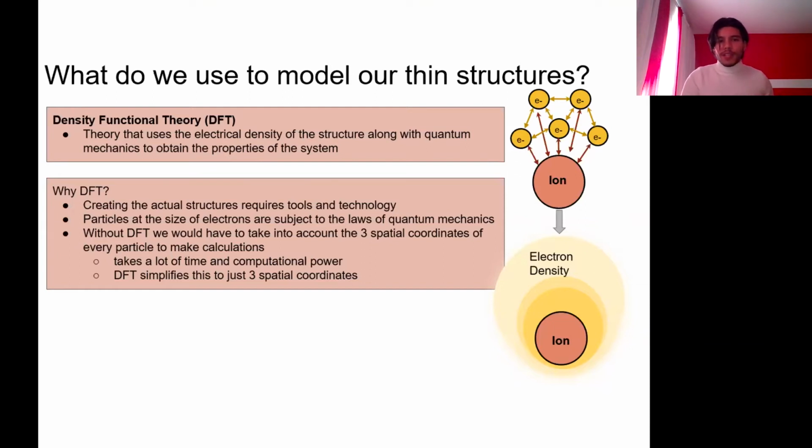Also, particles at the size of electrons are subject to the laws of quantum mechanics, so that makes them perfect candidates for density functional theory. Without density functional theory, we would have to take into account the 3 spatial coordinates of every particle to make calculations, which would take a lot of time and computational power. Density functional theory simplifies this to just 3 spatial coordinates, which saved us all those resources. Next.